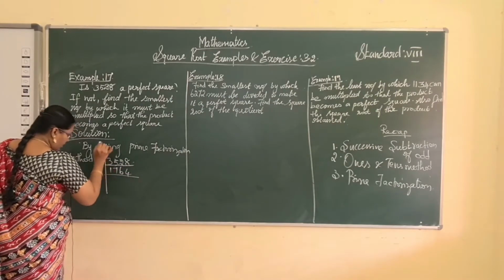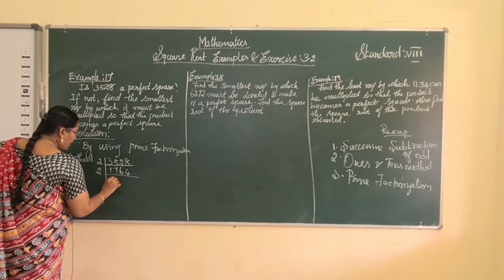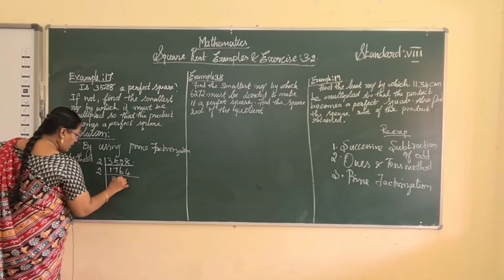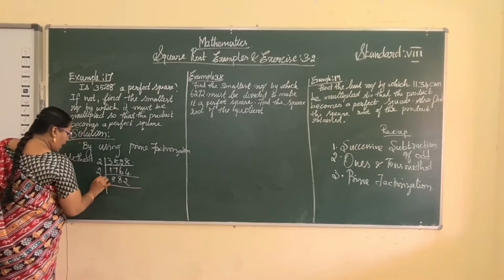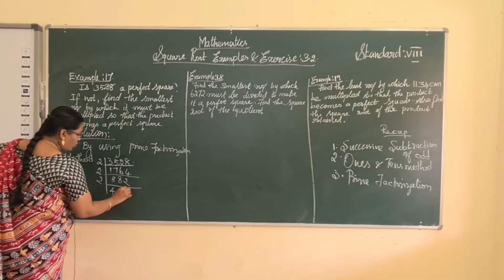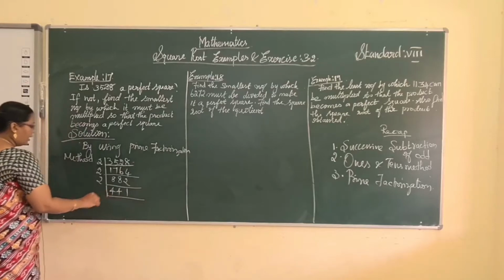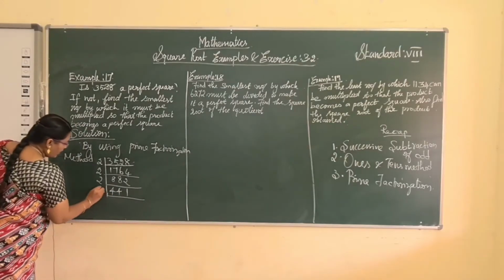Again 2 eights are 16, then 2 twos are 4, again 2 fours are 8, 2 ones are 2. Each time we divide by 2.